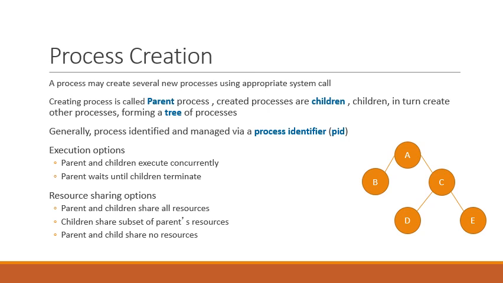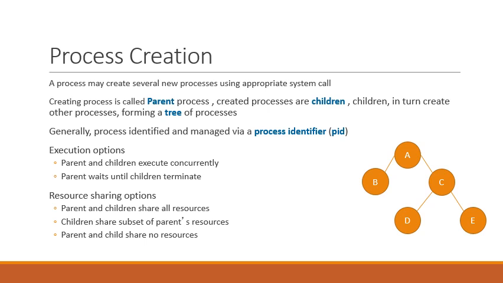The process which is creating new processes is called the parent process, whereas the newly created processes are called children processes. These children in turn can create other new processes, thus forming a tree of processes.